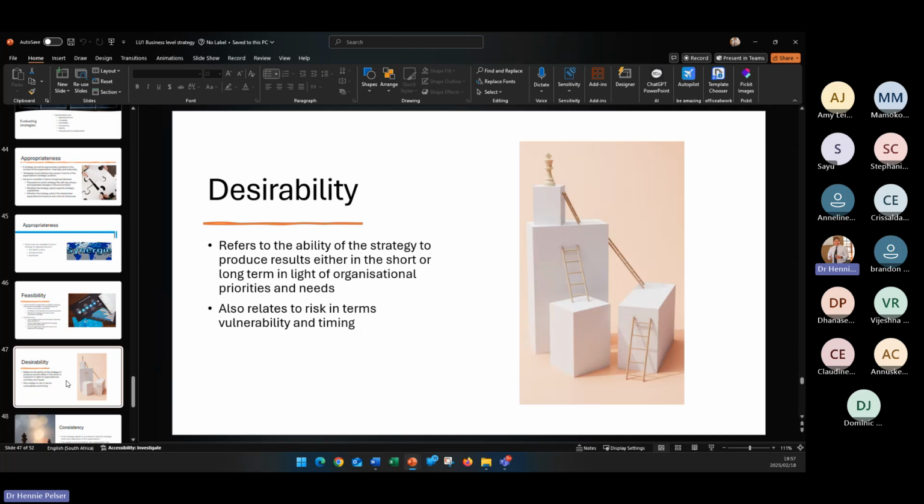Desirability has to look at the results that you achieve as a consequence of adopting a particular strategy. So when we think around desirability, it is, will it give us our short-term returns in terms of profits and profitability? Will it also provide us with long-term returns from a return on investment perspective?